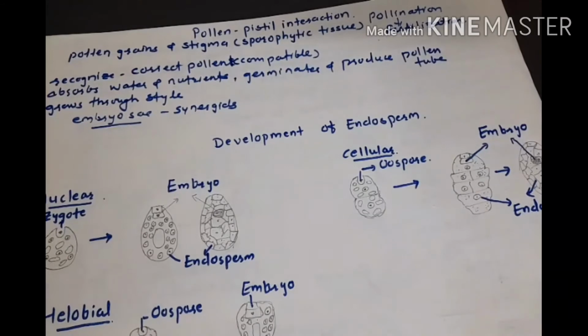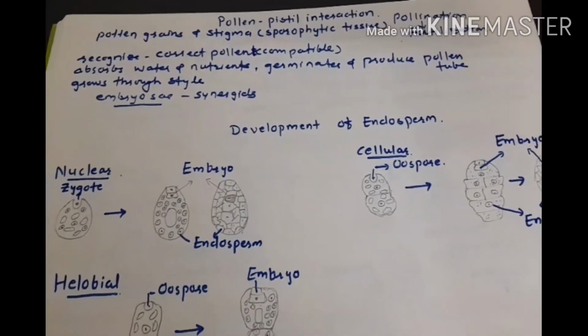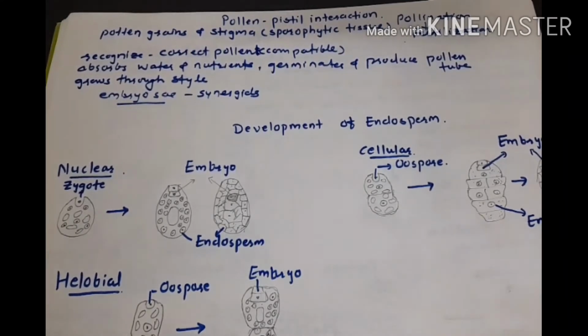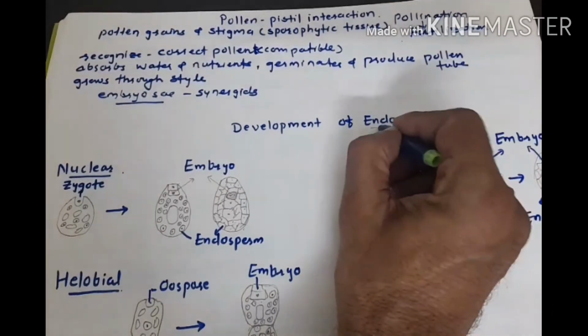Now what is meant by development of endosperm? The triploid primary endosperm nucleus repeatedly divides mitotically to form nutritive tissue called endosperm. Look, in pollination what did we learn? One of the male gametes unites with the secondary nucleus to form the triple fusion nucleus. Okay, that is your primary endosperm nucleus, which then repeatedly divides mitotically to form nutritive tissue called endosperm.